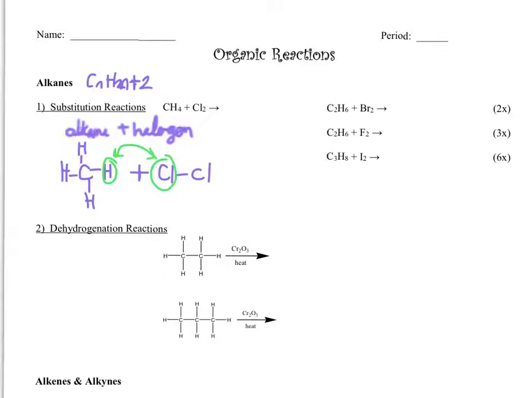So what are the products? So the product for this would be CH4, but now I have a chlorine in it instead of a hydrogen. And then my byproduct is HCl because both of these switched places.